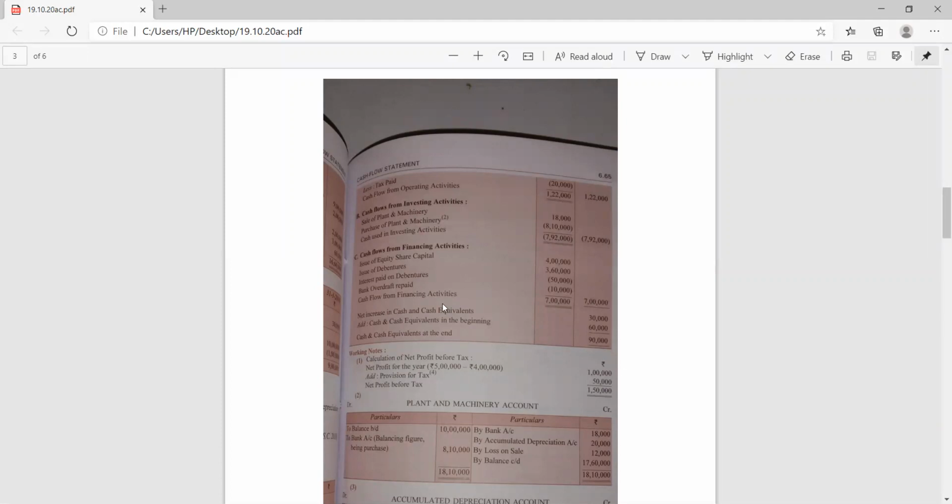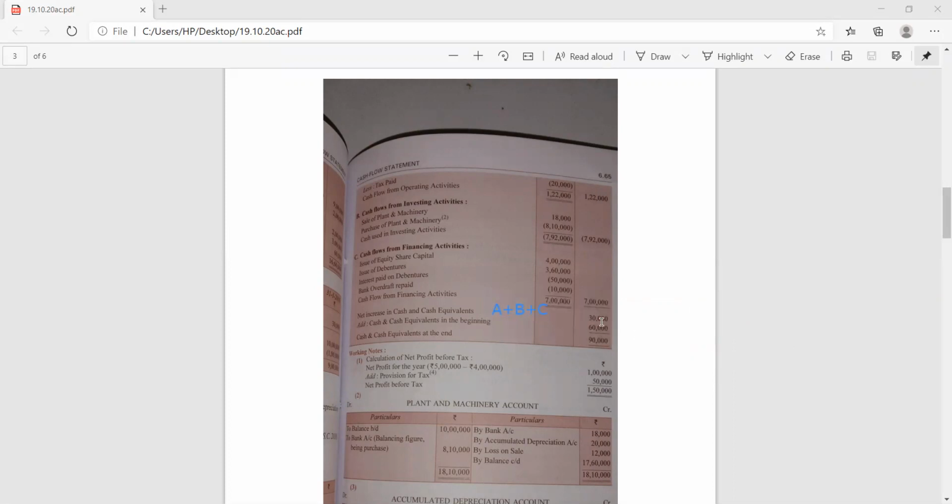The net increase in cash and cash equivalents you will get by adding A, B and C. How do you get the net increase in cash and cash equivalents? By adding A plus B plus C. If we add A plus B plus C, what will we get?